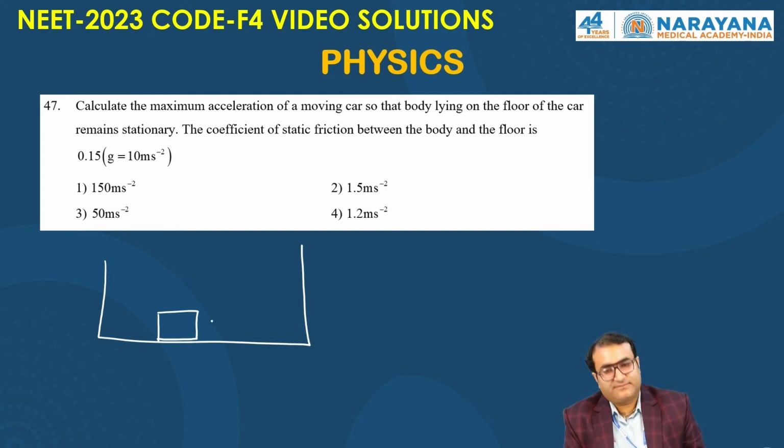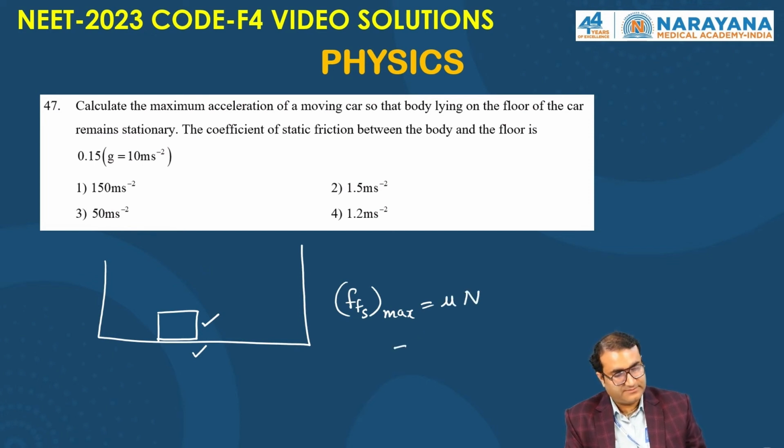So there is static friction acting between this body and this surface, and the maximum static friction that can act is mu into N, 0.15 into mg. And this static frictional force is what provides acceleration to the mass.